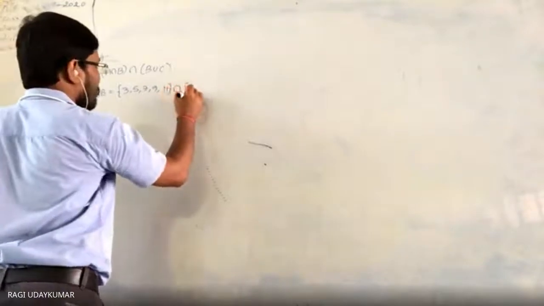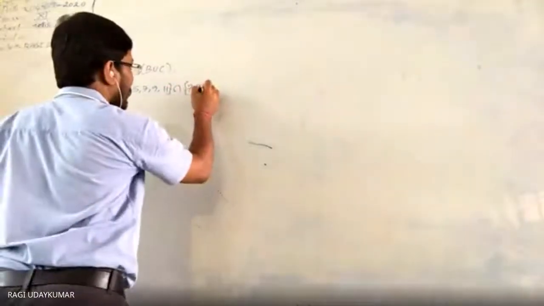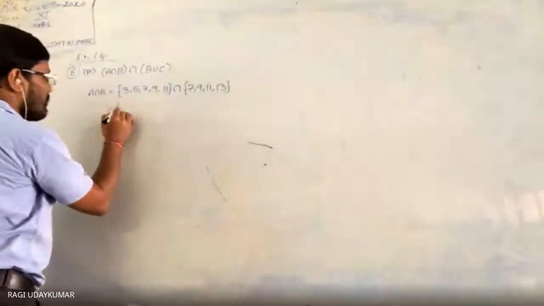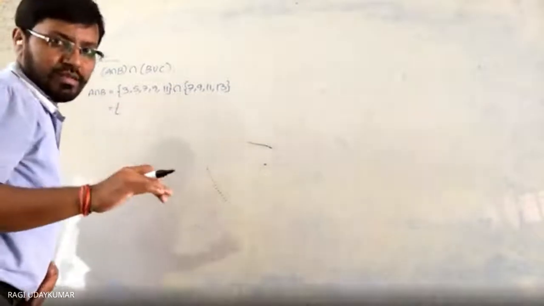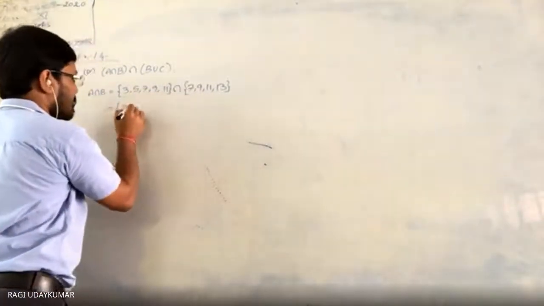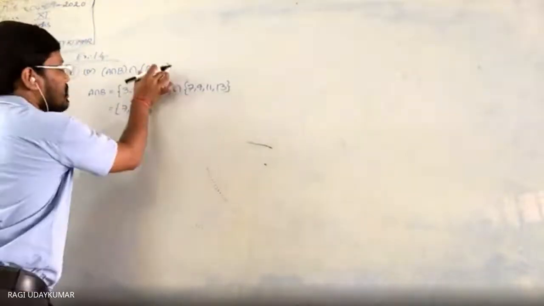And intersection, B set is given 7, 9, 11, 13. Don't get confused. Intersection is nothing but only the common elements. Whatever common elements are present in both: 7, 9, 11. You keep this aside. Next, you find out this one.